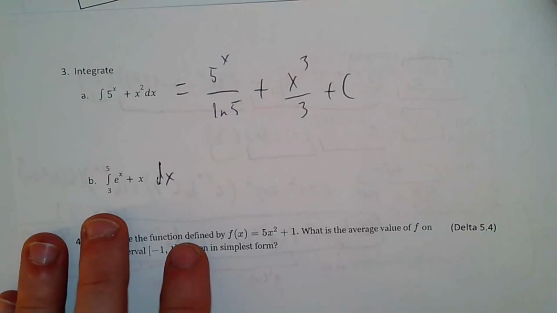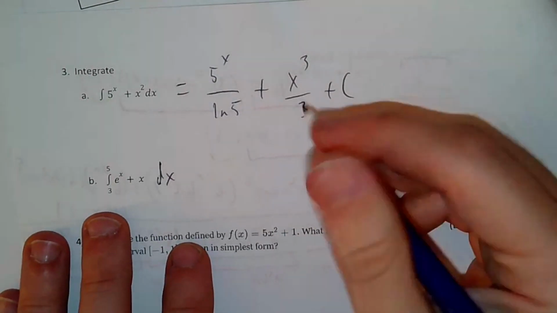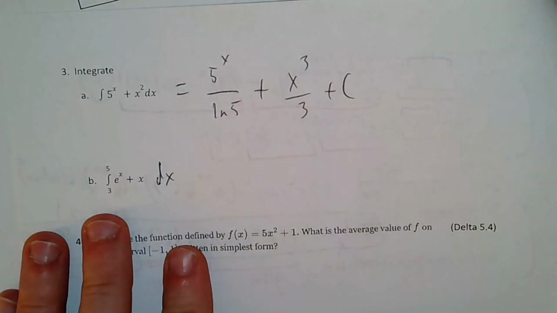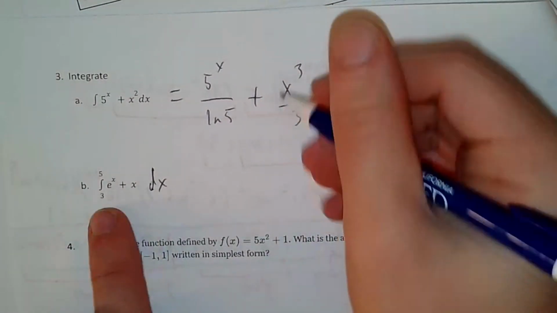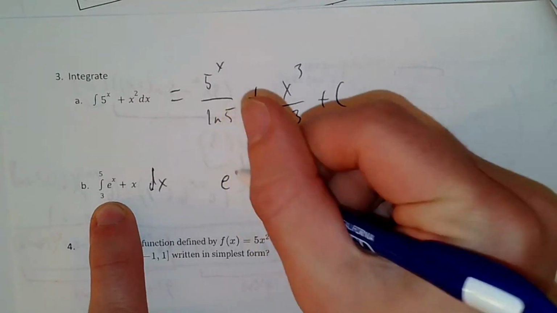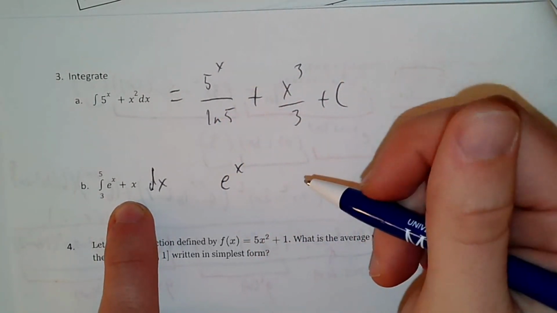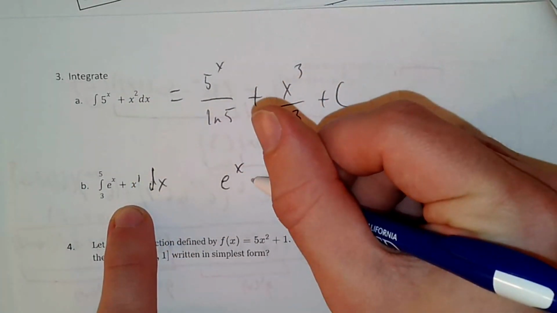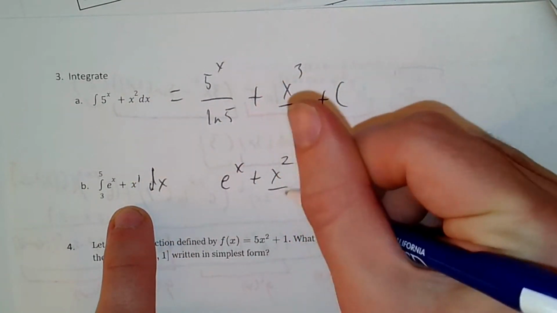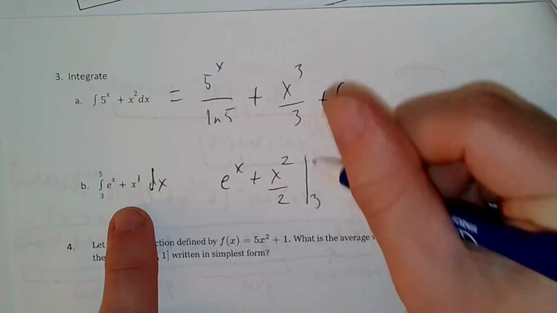Then next, definite integral, 3 to 5 of e^x plus x. So first, this is the fundamental theorem of calculus on the right here. First, we need our antiderivative, which for e^x is just e^x. The antiderivative of x, remember that's got a little 1 right here, so that's plus x squared over 2. And it's going to be from 3 to 5.